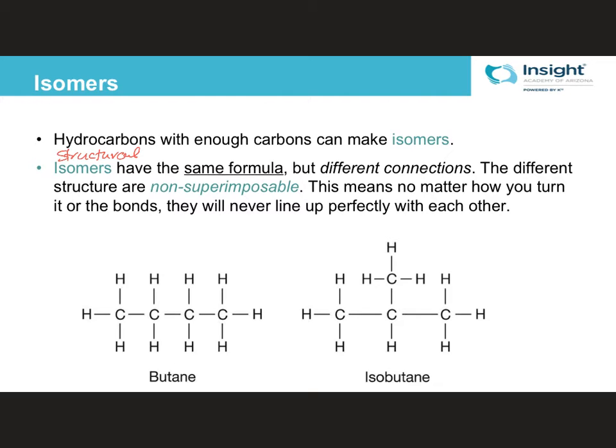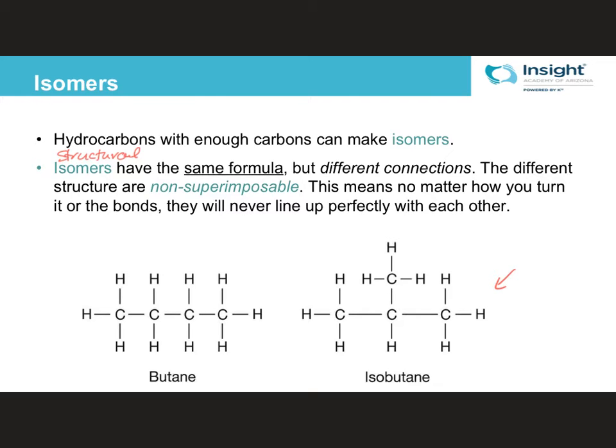How you can tell if you've actually correctly set up the connections differently is that they are non-superimposable, which means there's no way I can rotate, flip, just kind of shift around isobutane to make it line up perfectly with regular butane. It's not possible. All right?